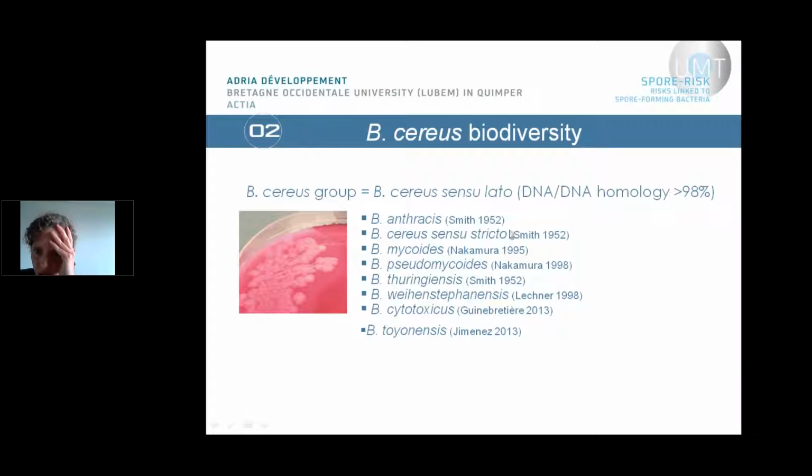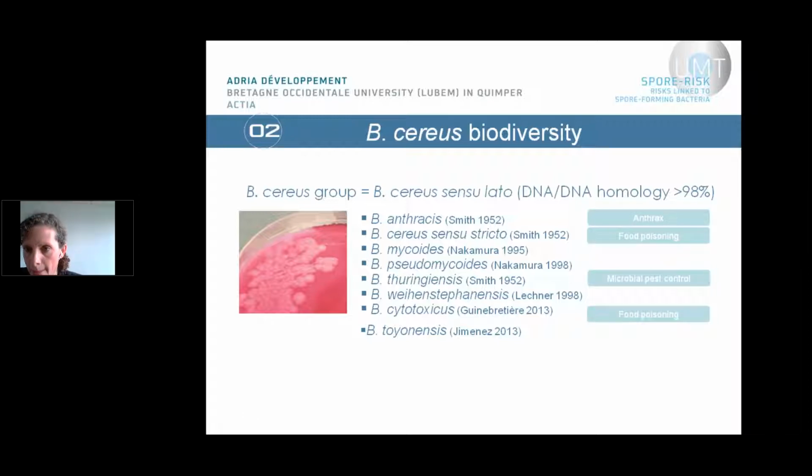So here I indicated the date and the author that published information regarding these different species. So you see, anthracis is quite known since a long time, and the last two are brand new members of this B. cereus group.